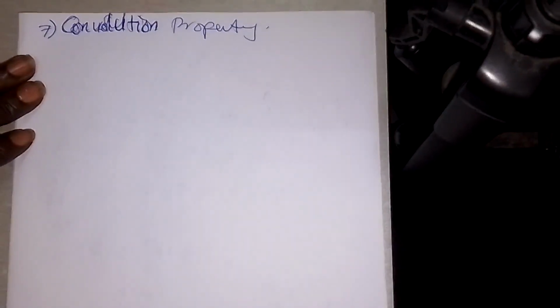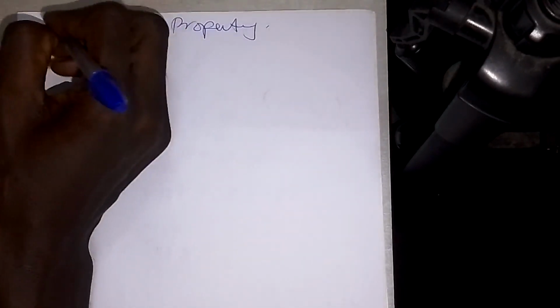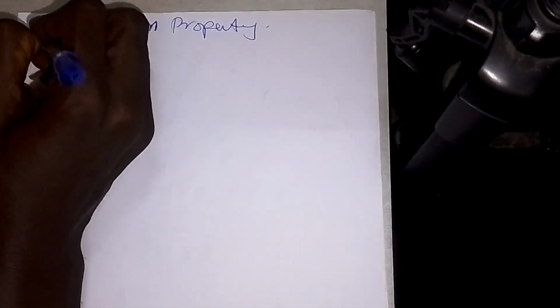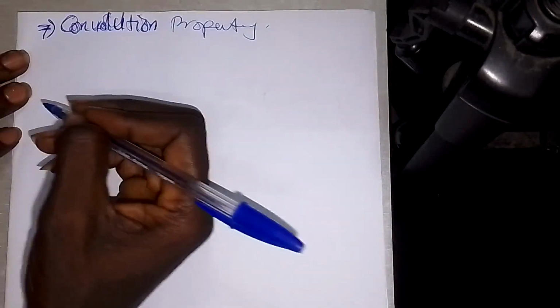The convolution property is a very easy one. That is property number 7. So how do we deal with the convolution property?